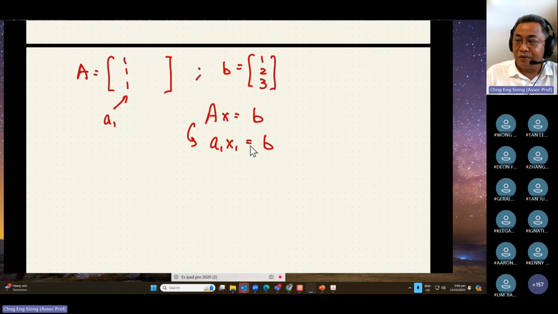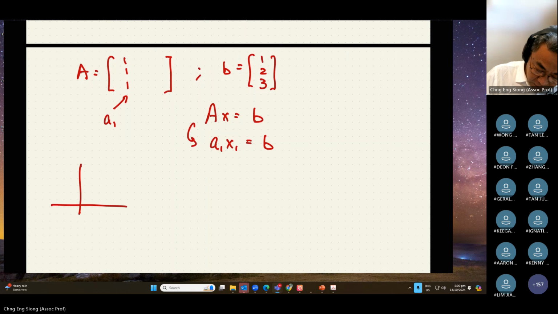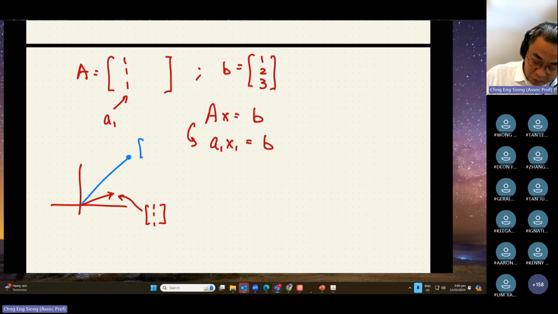So what am I asking for, guys? The idea of this picture is this. Imagine this is the vector 1, 1, 1, and imagine this is the vector 1, 2, 3.